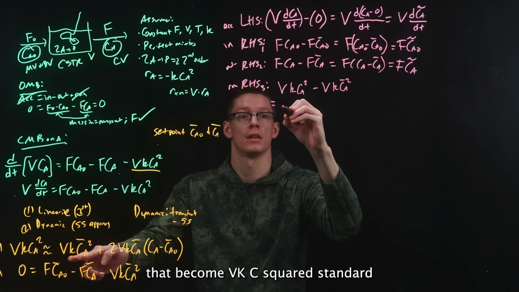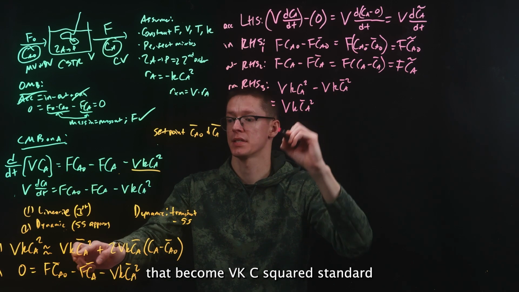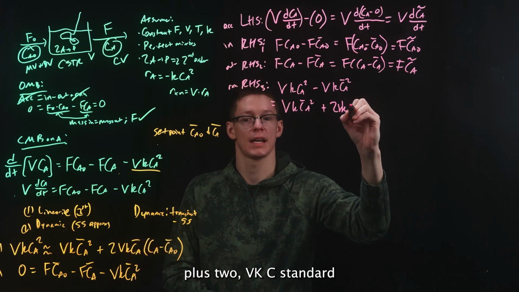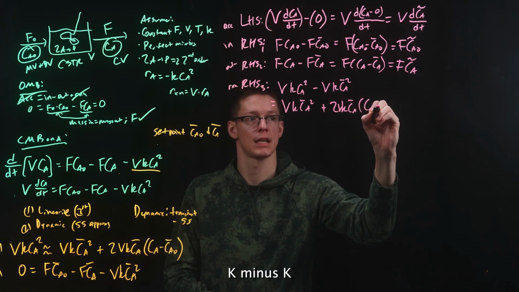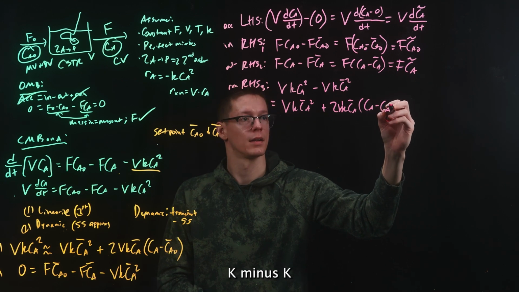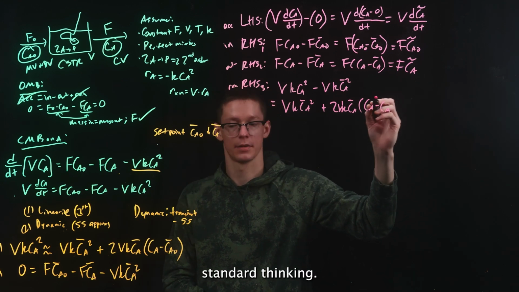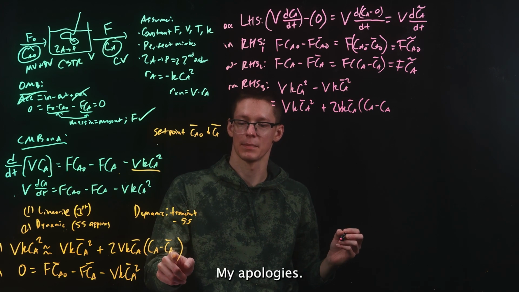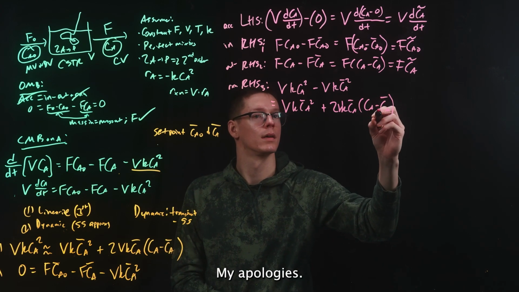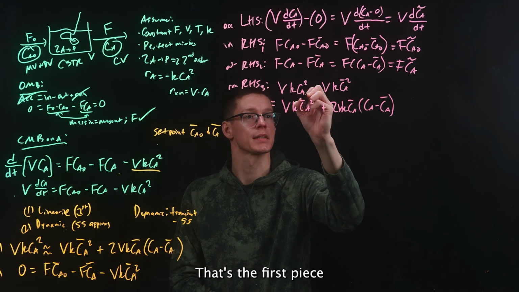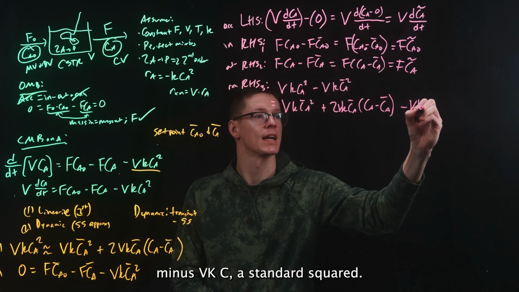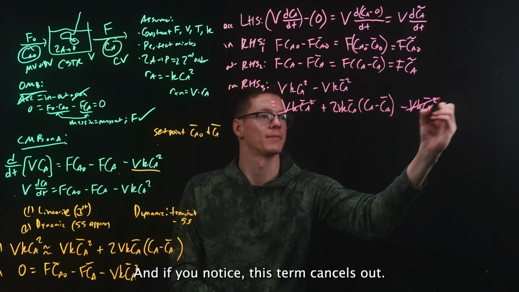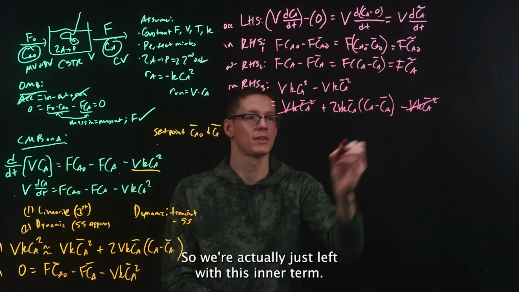That'll become VK CA squared standard plus 2 VK CA standard, CA minus CA standard. I think in here I wrote a naught by accident. That should not be there. My apologies. That's the first piece minus VK CA standard squared. And if you notice, this term cancels out. So we're actually just left with this inner term.